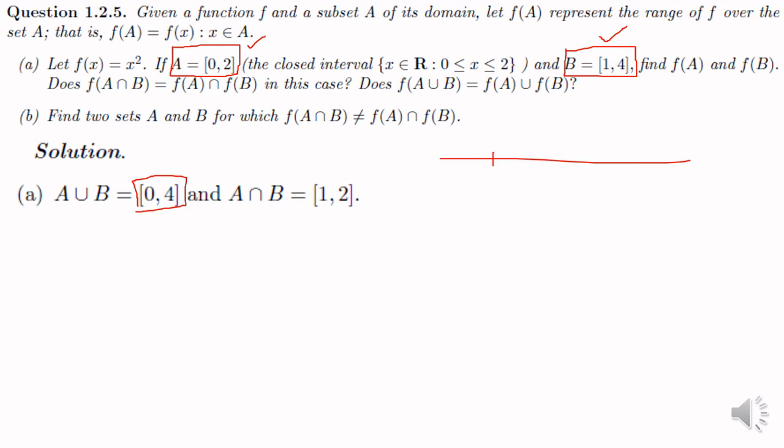This is 0, this is 4, this is 2, and this is 1.